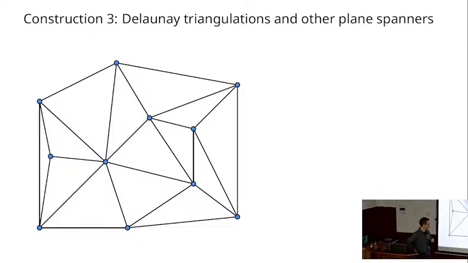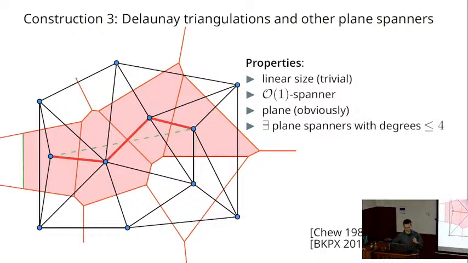Then let me also briefly say something about plane spanners. In particular, the Delaunay triangulation is a constant, O(1), spanner, also already mentioned in the previous talk. Sorry for the spoilers. Obviously it has linear size because it's plane.